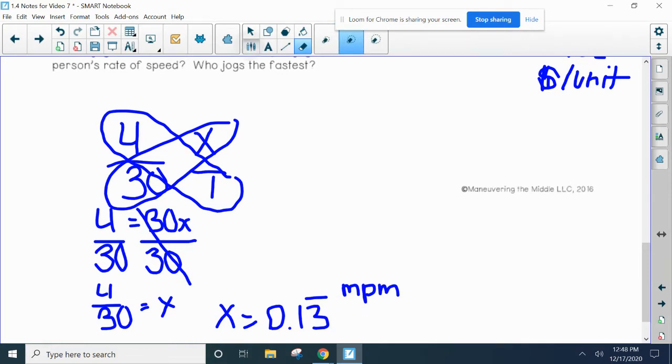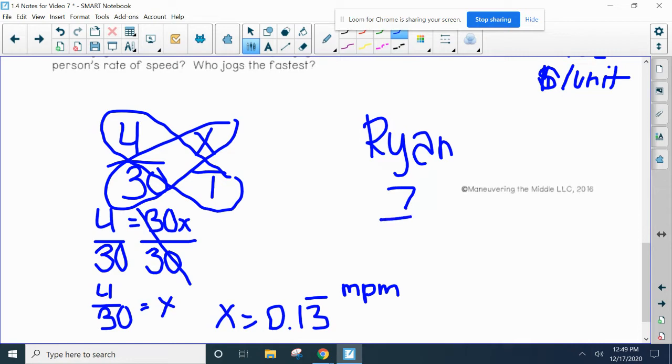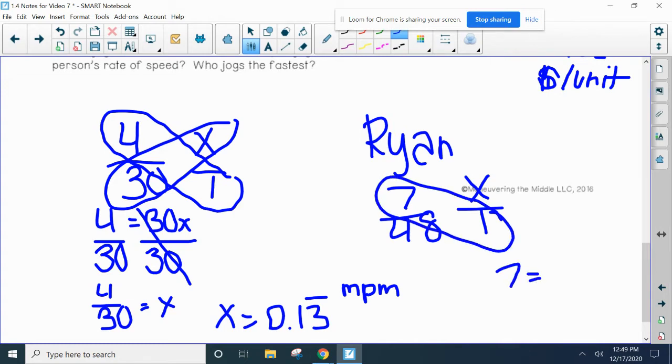All right, so we are going to go ahead and do the same thing with Ryan. It tells us Ryan runs 7 miles in 48 minutes. And again, we want to know how many in 1. So 7 times 1 is 7. 48 times x is 48x.